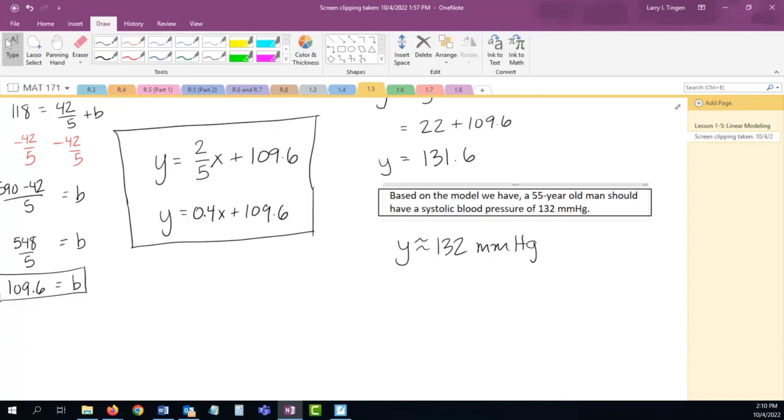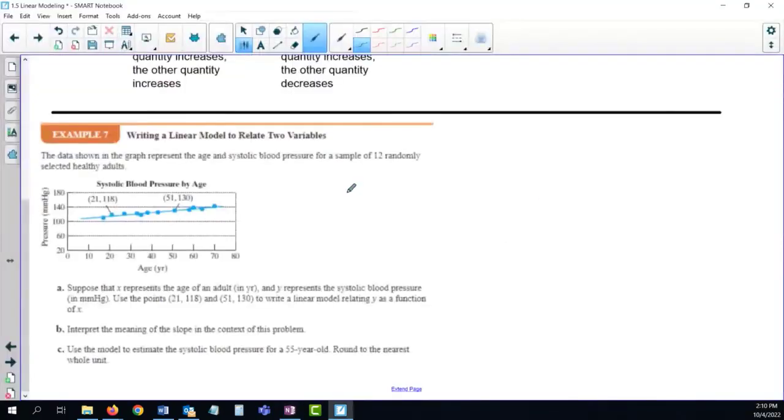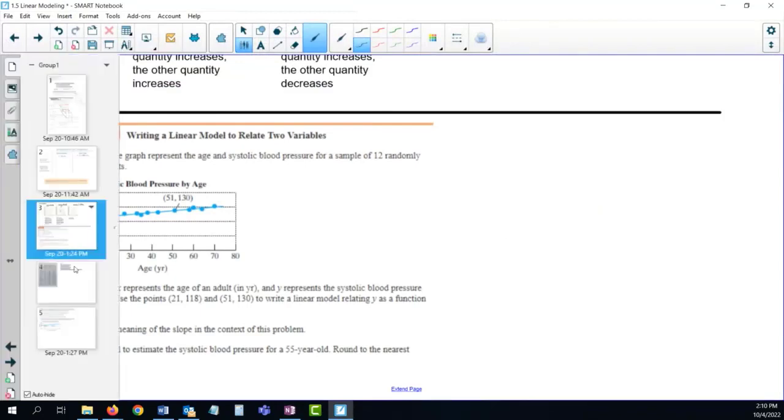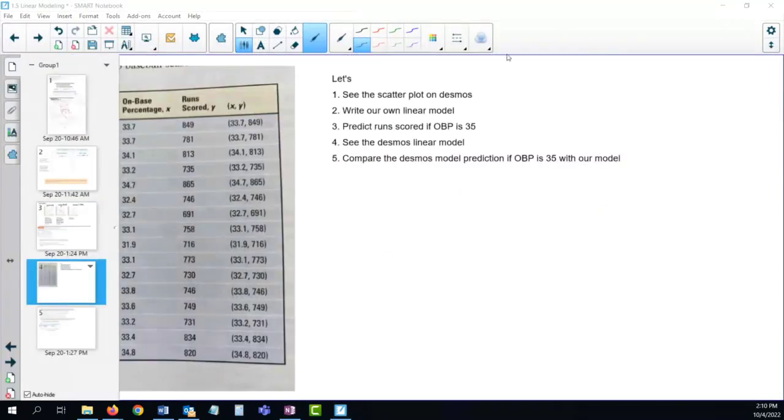Like I don't want to round 109.6 to 110 or anything like that. All right. Okay. So the next page is a data set.